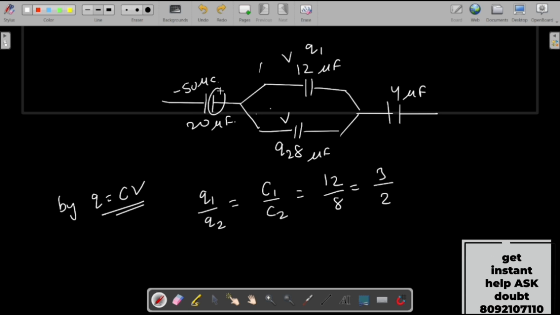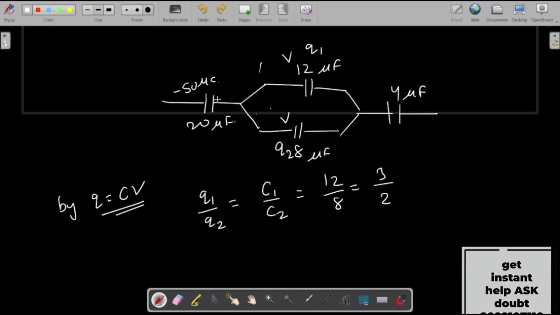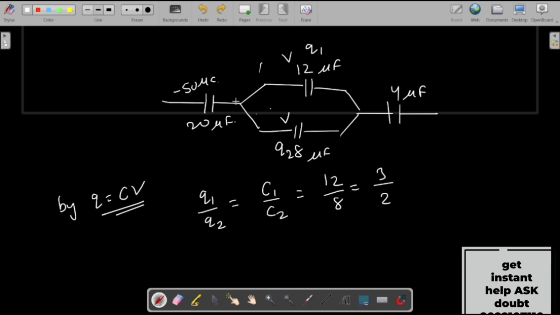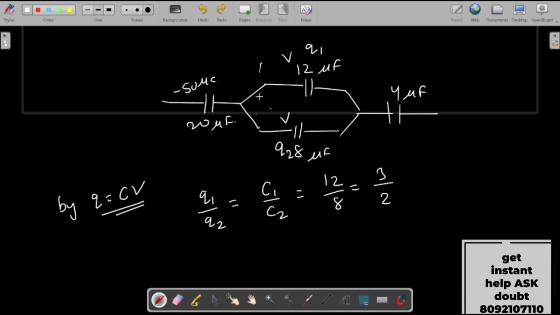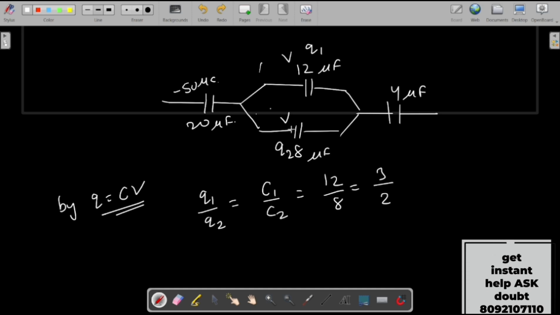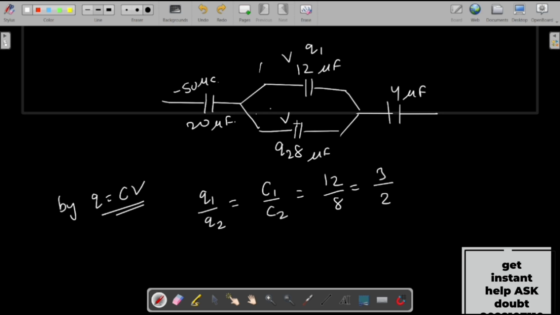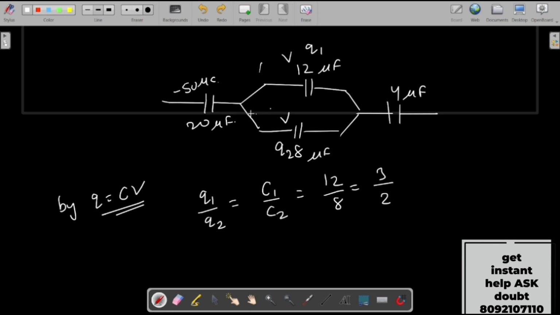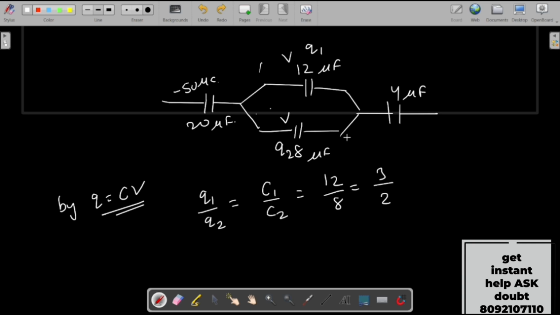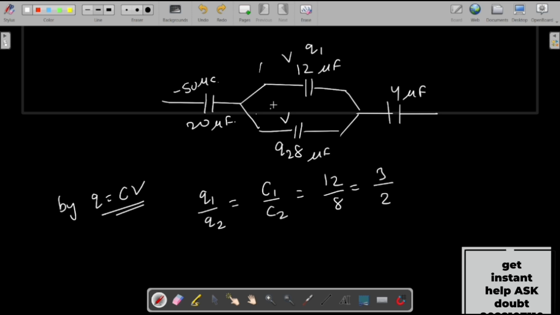So here it will be positive 50 microcoulomb charge, and this 50 microcoulomb charge will split in two parts, in such a way that their sum is 50.